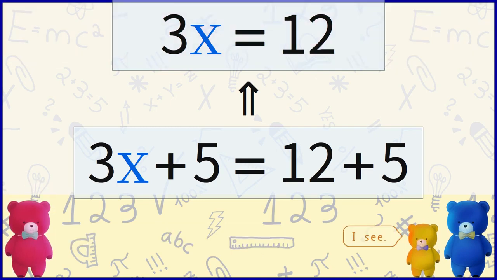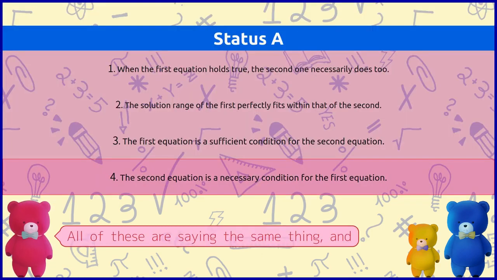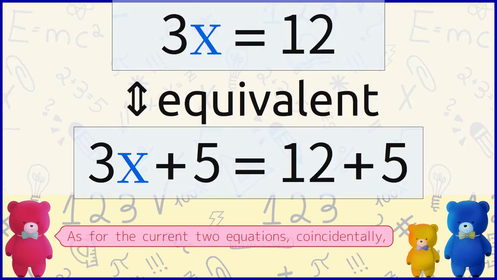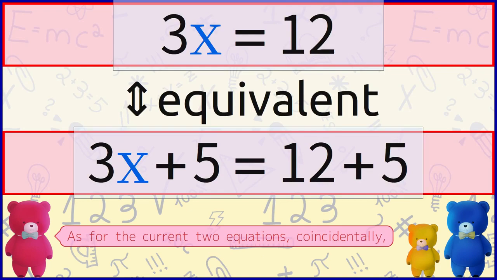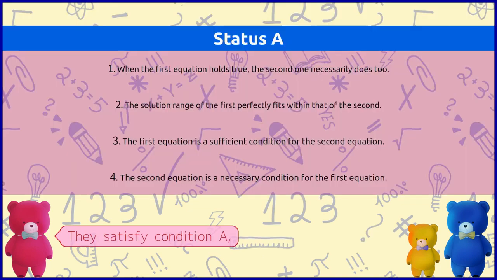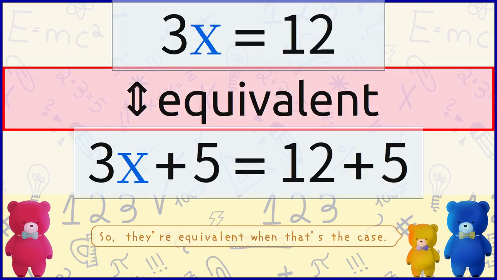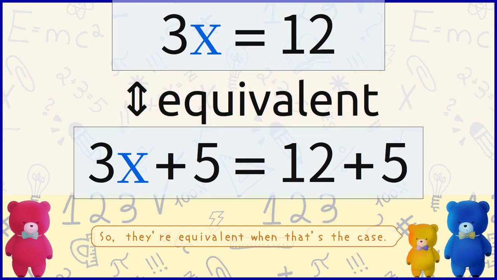I see. To sum it up, all of these are saying the same thing, and all of these are also saying the same thing. As for the current two equations, coincidentally, they satisfy condition A, and they also satisfy condition B. So they're equivalent when that's the case. That's what it means.